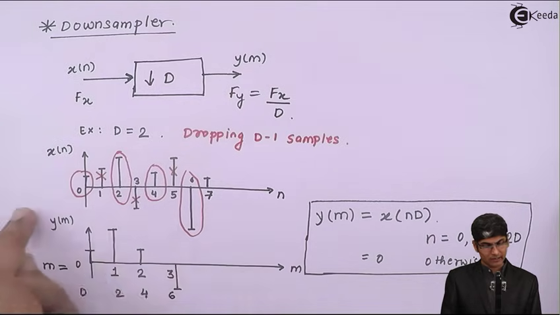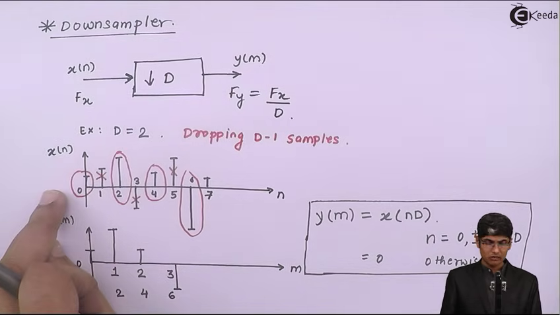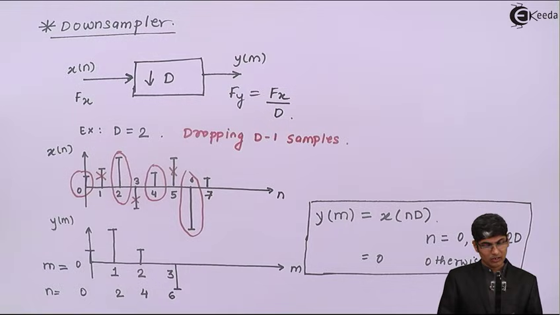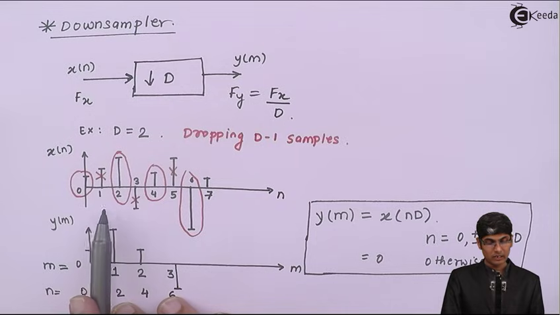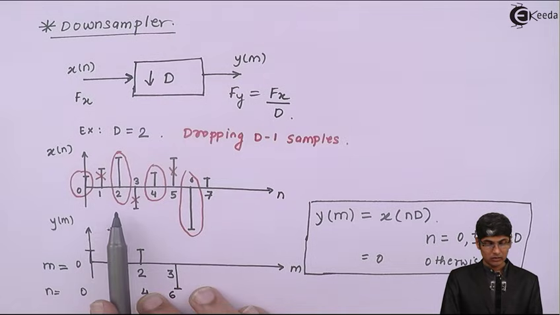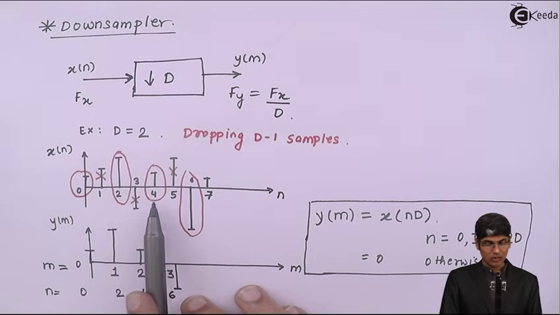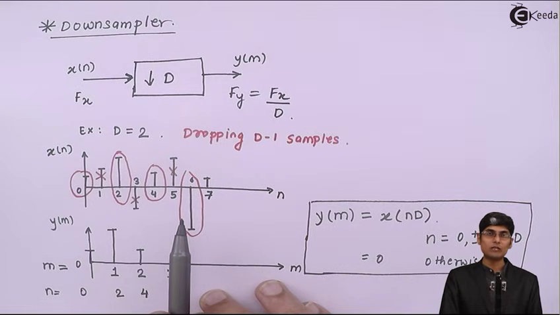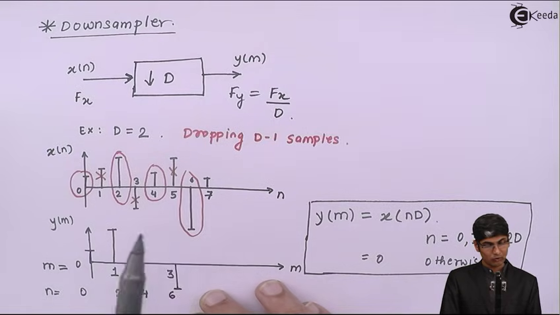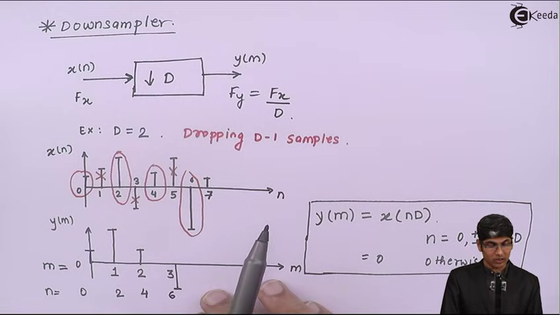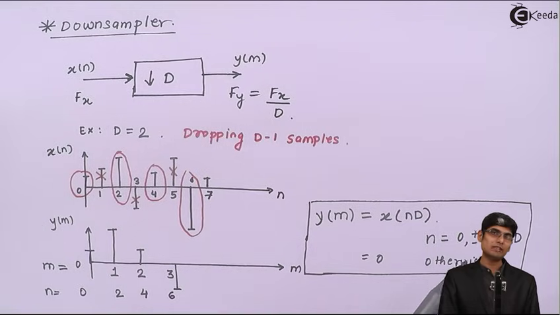Because multiplying this signal with 0 will return 0. Now suppose I multiply with a sequence where I keep 1 over here, then a 0, then 1, then 0, then 1, then 0. Then it will give me a new sequence which comprises ones and zeros.